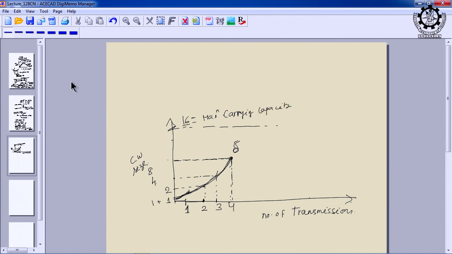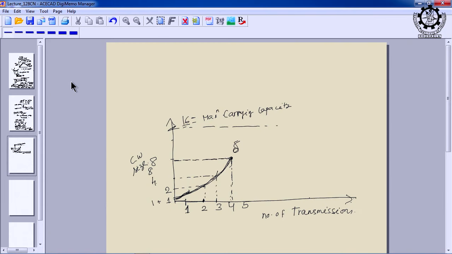When it reaches 8, the number of segments added in the next transmission is not double; rather, only one more segment is added. So it becomes 9 in the fifth transmission.